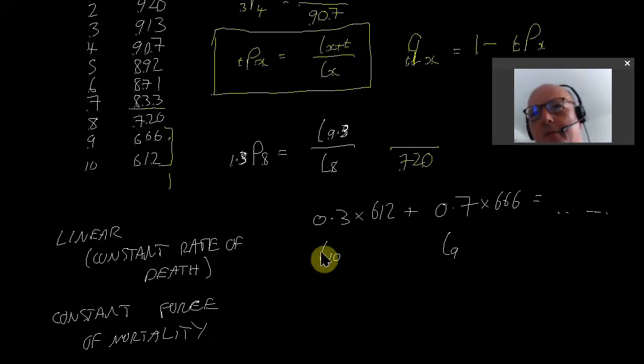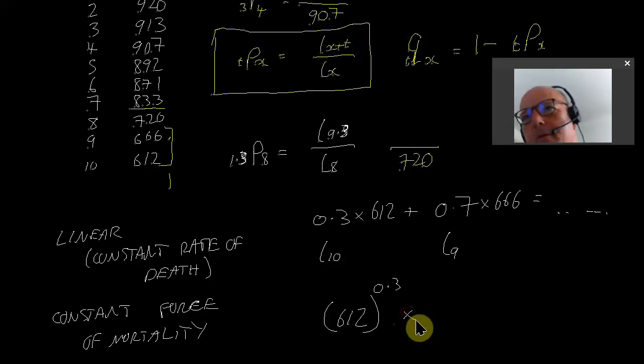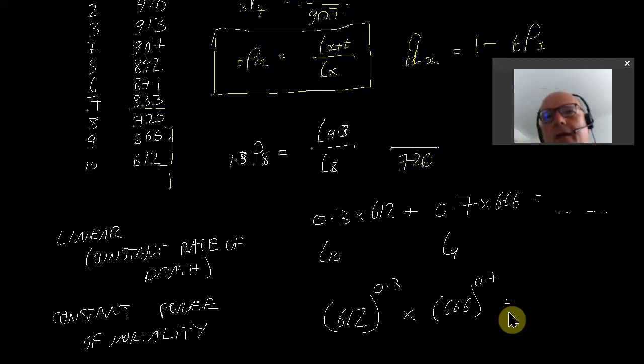And this time we still have L9 and L10, but we take the powers instead. So instead of 0.3 times 612, we have 612 to the power of 0.3, multiplied by 666 to the power of 0.7. Okay, and I'll calculate those so we can see what the differences are.